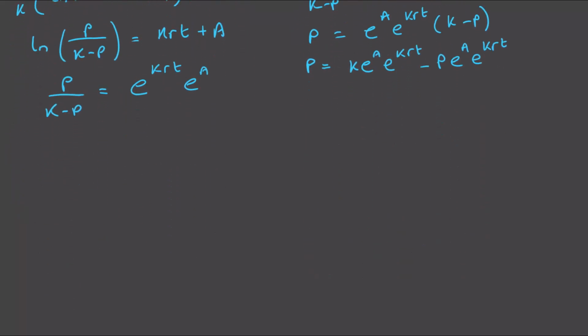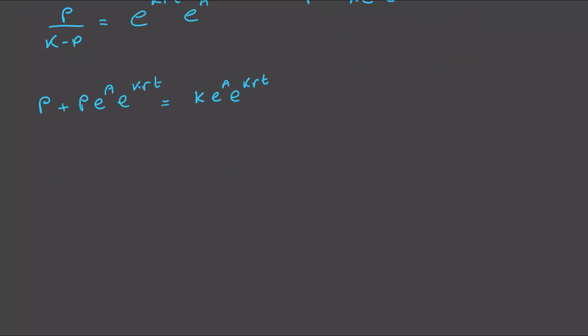And from there, we can say p plus p e to the a e to the krt is equal to k e to the a e to the krt. Now if we factor out the p, we've got p times (1 plus e to the a e to the krt) is equal to k e to the a e to the krt.